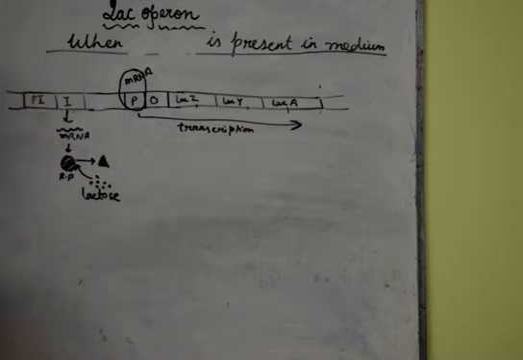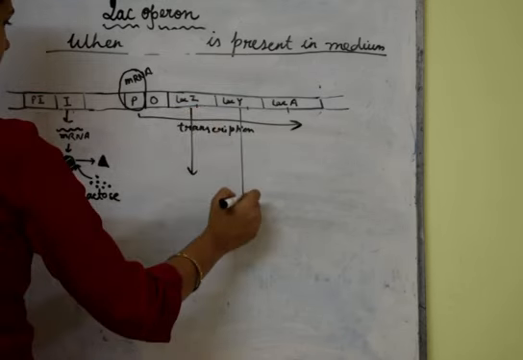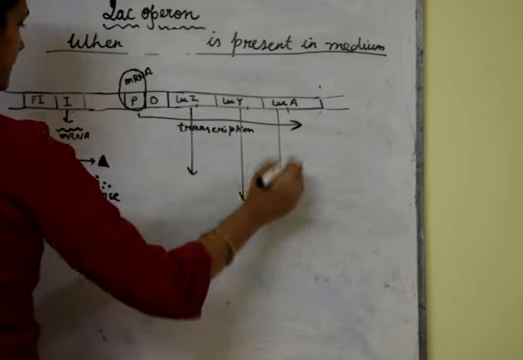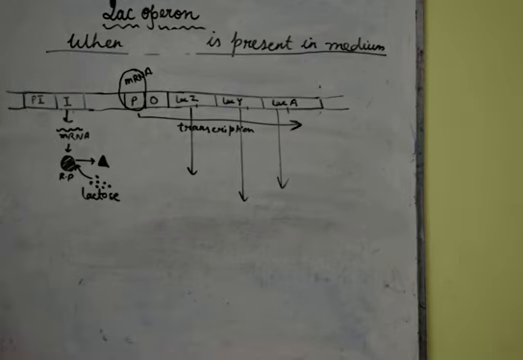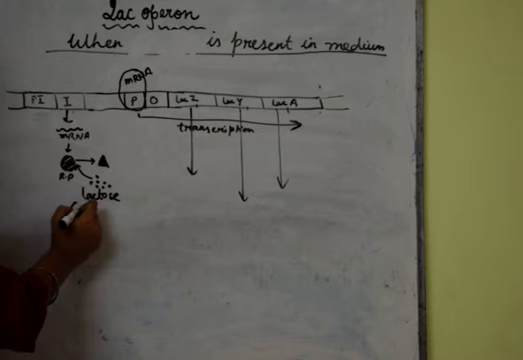As transcription goes on, the different enzymes will be produced from the particular genes. When lactose enters the cell, it is converted into allolactose.